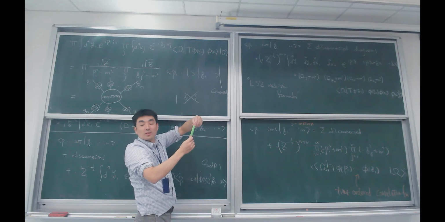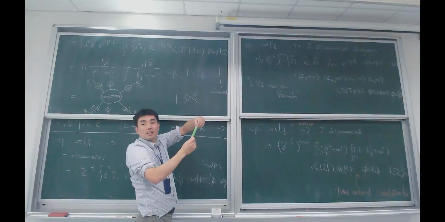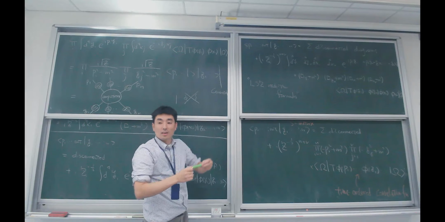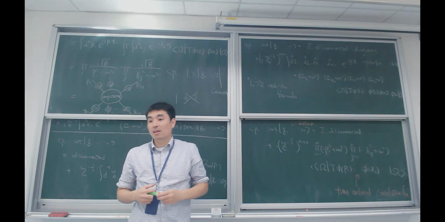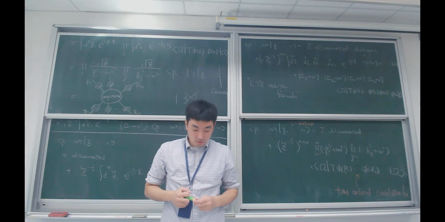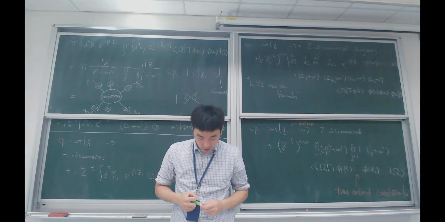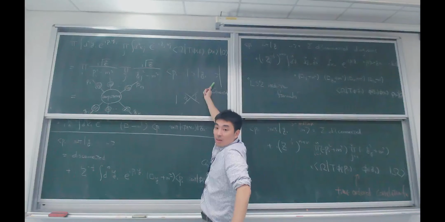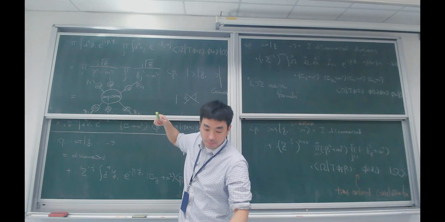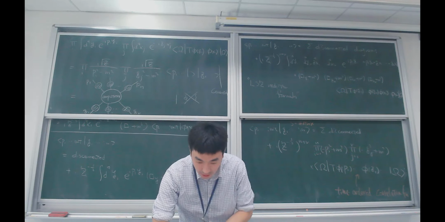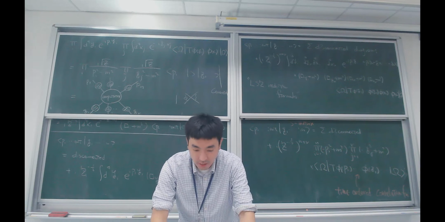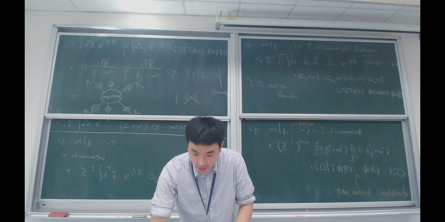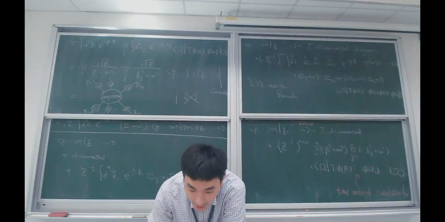Do you understand what I mean? Do you have any comments or questions? No, amputated means that you cannot separate. It's really connected. When you say amputated, it means you cannot separate the diagram. I hope I'm not mistaken.